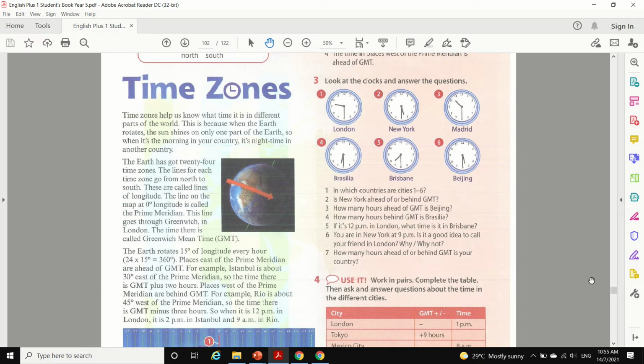Places west of the prime meridian are behind GMT. For example, Rio is about 45 degrees west of the prime meridian, so the time there is GMT minus 3 hours. So, when it is 12 p.m. in London, it is 2 p.m. in Istanbul and 9 a.m. in Rio.